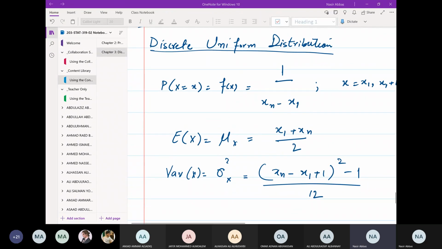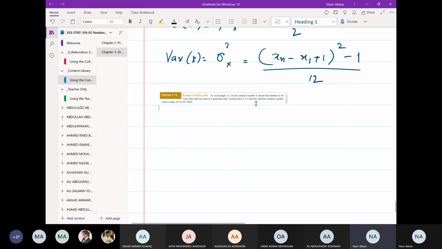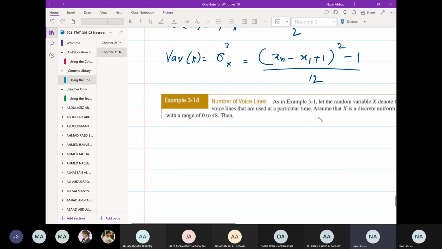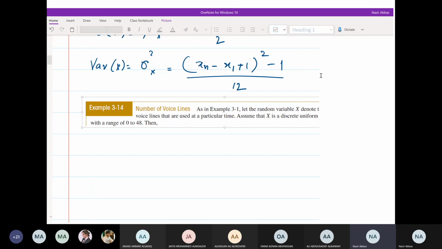I'm going to copy this example. So here is the example.